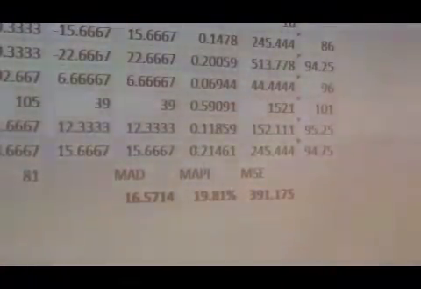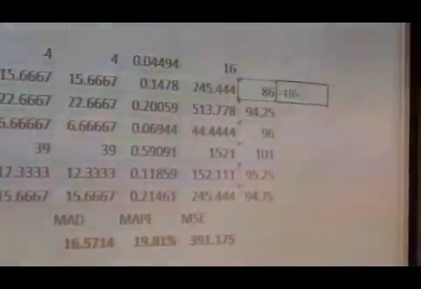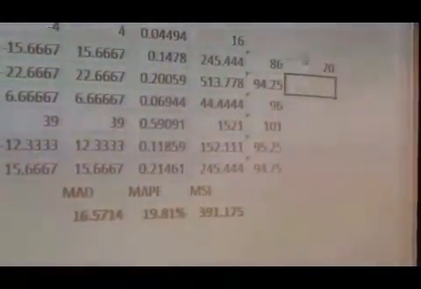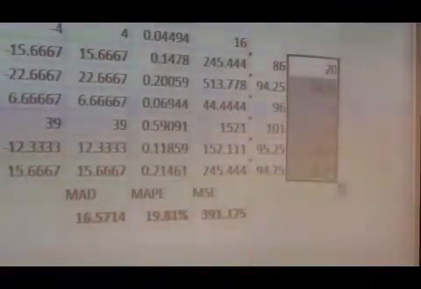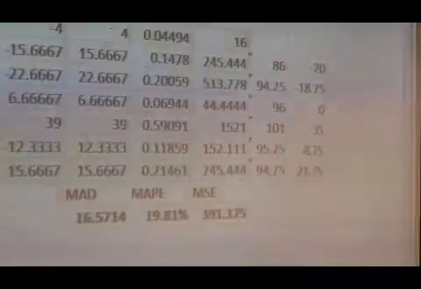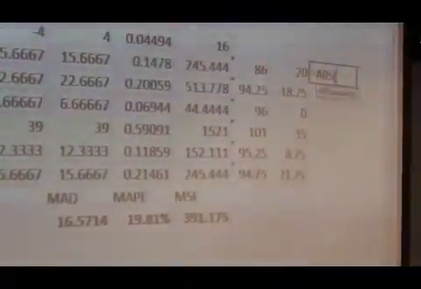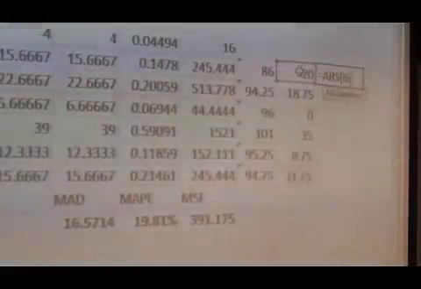And we can compute its error as the difference between our prediction and the sales number. We can compute its absolute error, the absolute value of that.